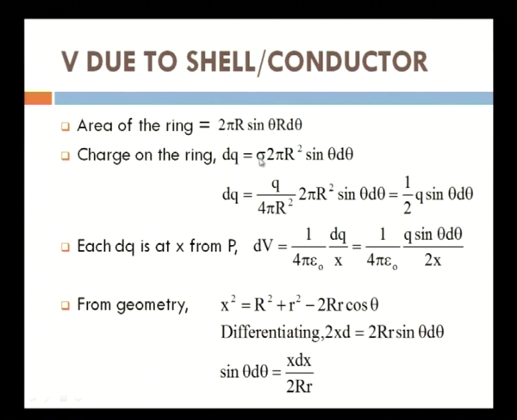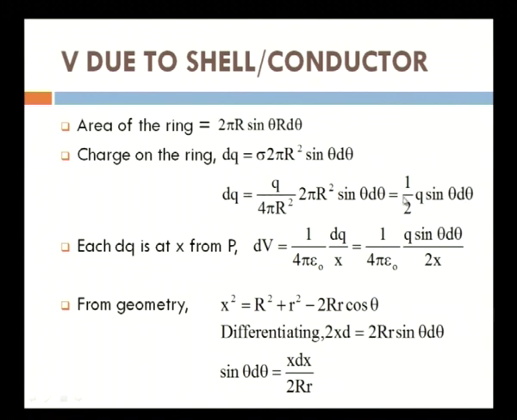So, we multiply the area with the density, charge per unit area, and we get an expression for the charge on the ring as this, and we are now substituting for sigma, and we simplify to get a final expression in this form. It is 1 by 2 q sin theta d theta.